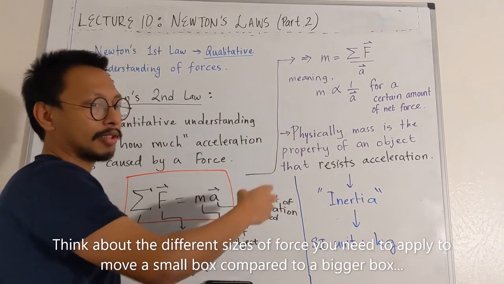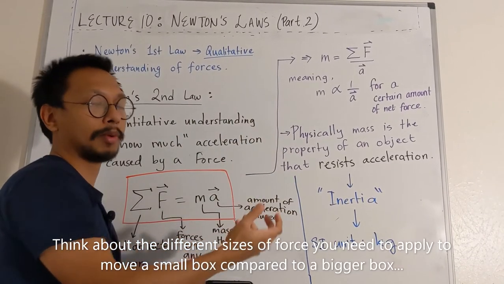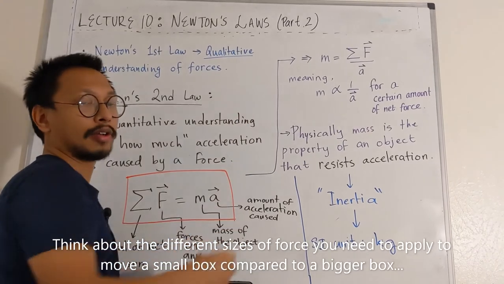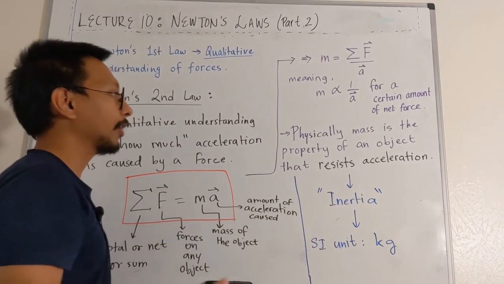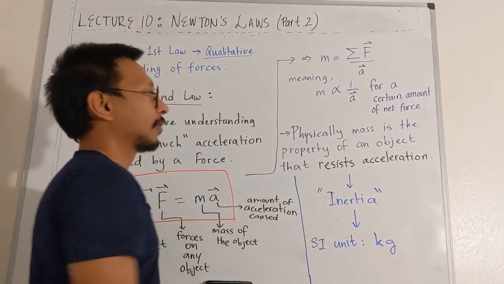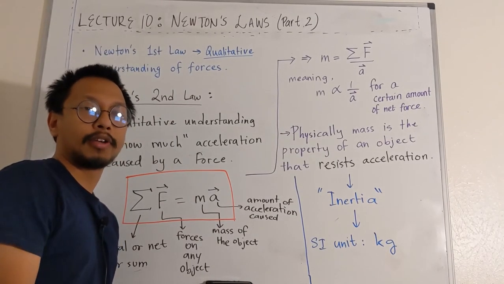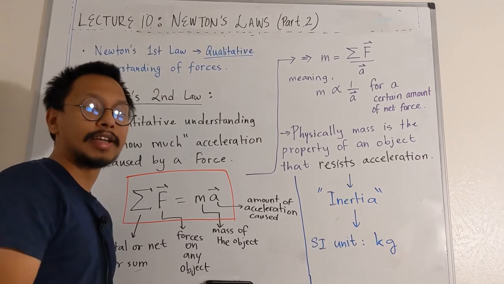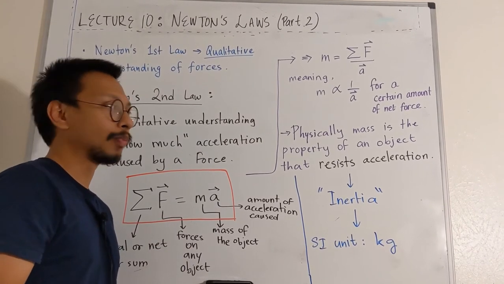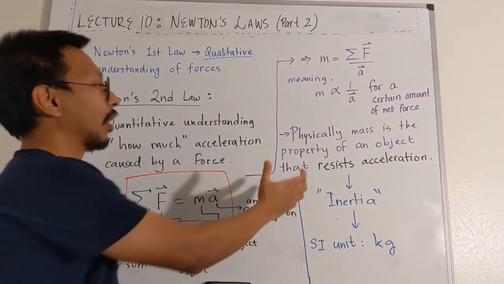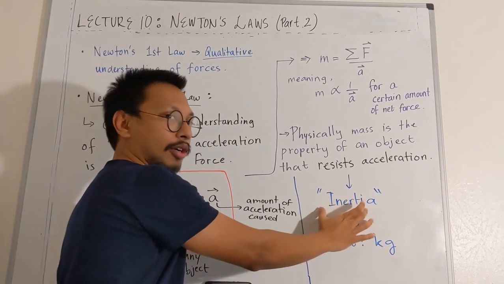So in essence, the more mass you have, the more force will be required to make that object accelerate more. Physically, mass is understood as the property of any object to retain its state of motion, and we call this property inertia.